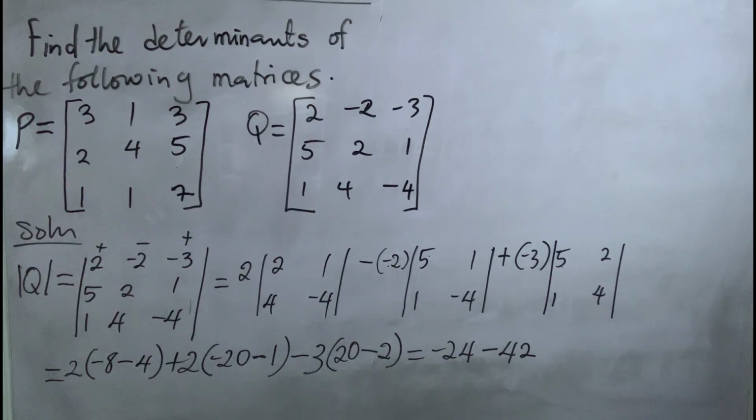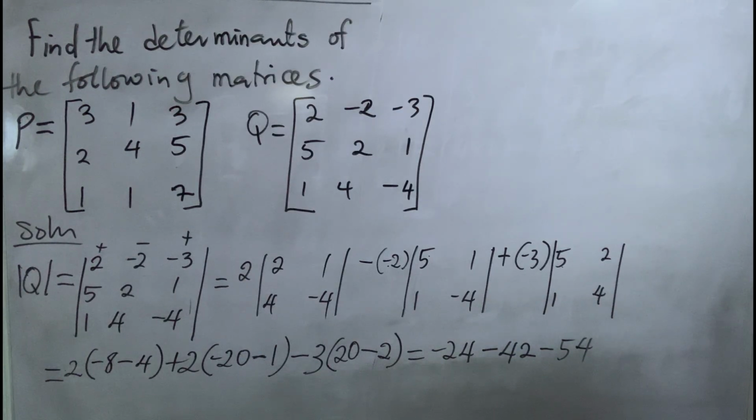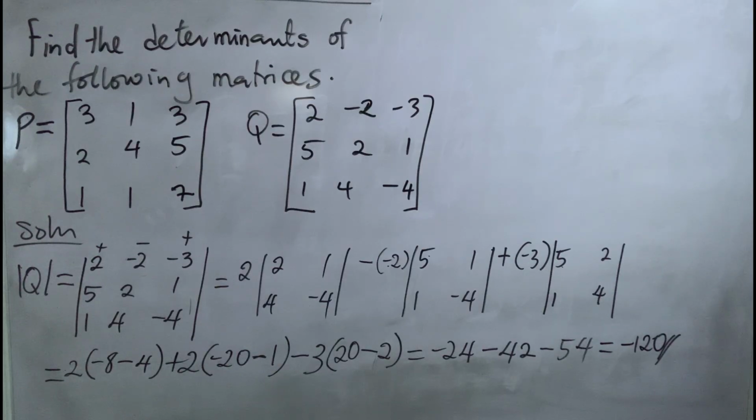Then finally we have 20 minus 2, which is 18. 18 times minus 3 will give us minus 54. So if we put everything together, you are going to have minus 120 as your answer. So this is how you find the determinant of a 3 by 3 matrix.